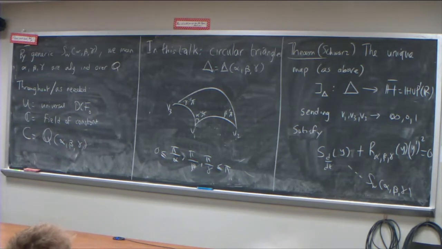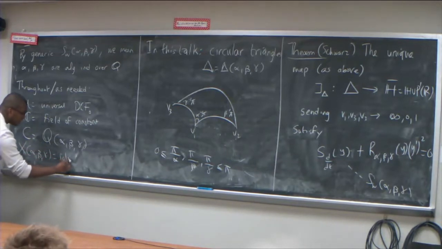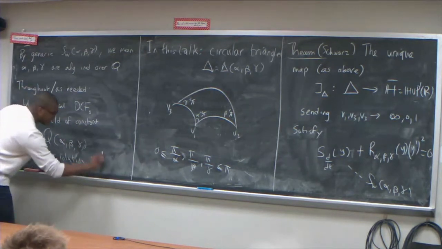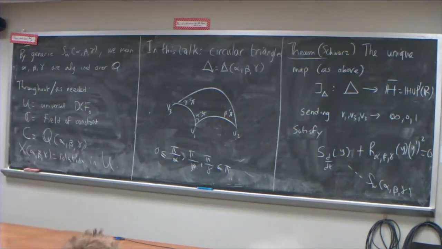And finally, I'll denote by X, alpha, beta, gamma the solutions of the Schwarzian equation in my differentially closed field, the definable set we're interested in.